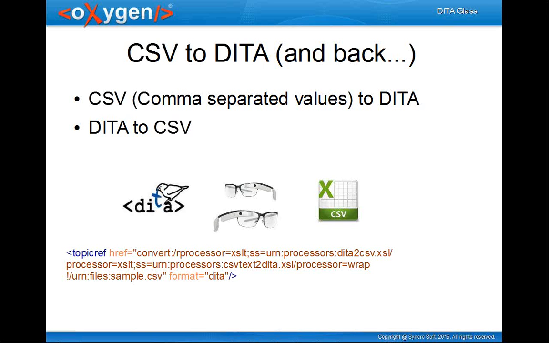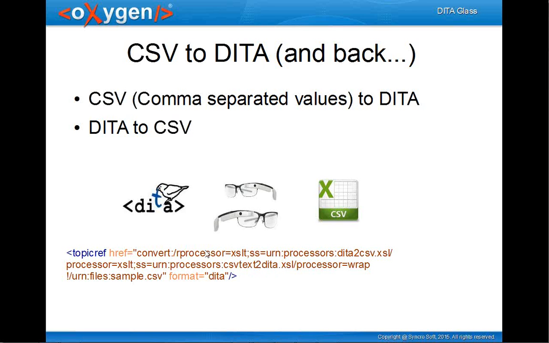And I want to incorporate the changes in a data topic. I will have two processors. The first processor will wrap the comma-separated value in XML tags, so then I can apply an XSLT processor to it, which is called comma-separated value to data.